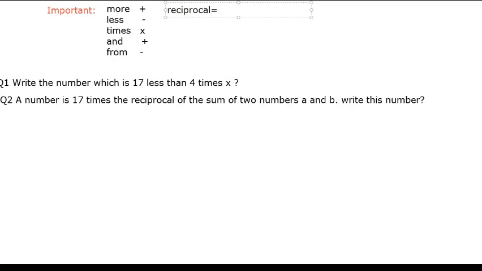Reciprocal relates to upon. Like 17 upon 3. It will be inverted. You get what I mean? 17 upon 3 will be inverted into 3 upon 17.